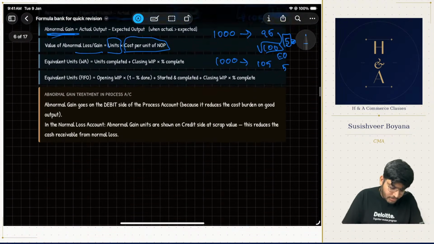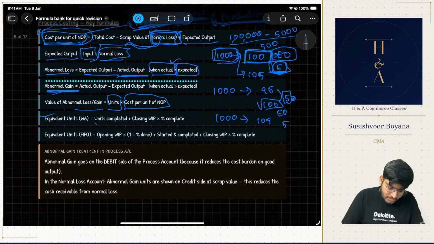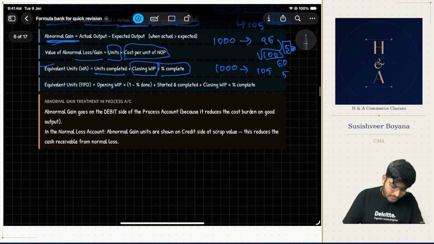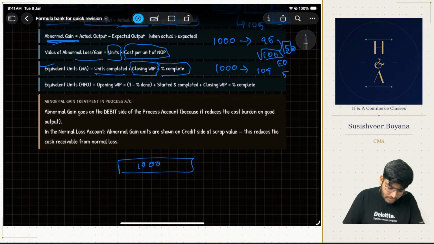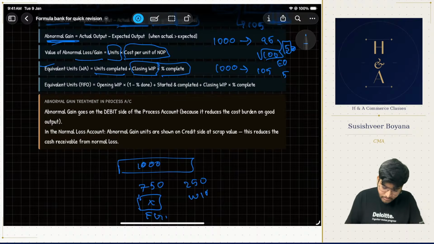So the value of abnormal loss or abnormal gain is units into cost per unit of NOP, normal output of production. Equivalent units are units complete plus closing stock into percentage of completion. Sir, what is this equivalent unit? For instance, I started processing 1,000 units. Out of 1,000, I've already exhausted 750 and got X as finished goods. But the 250 is in WIP, work in progress, which I'll call Y. Since it is still not complete, to what extent has this 250 of raw material gone through the plant?